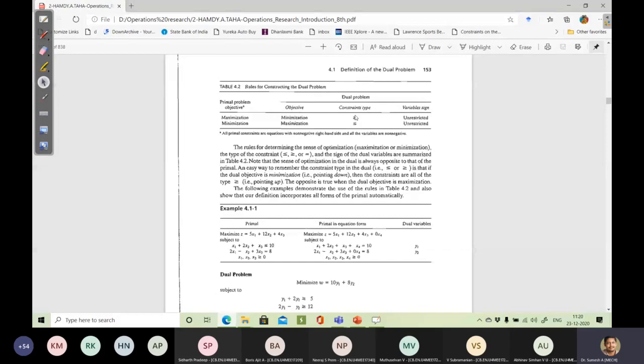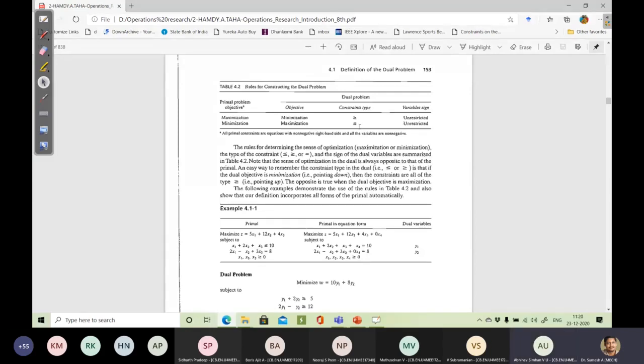A maximization problem will always have constraints of greater than or equal to, and a minimization problem, when you are converting, will always have constraints of less than or equal to. This is the general rule to follow in the case of primal dual conversion.